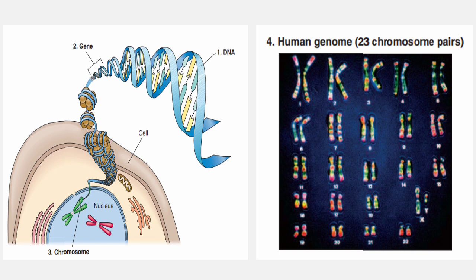Now, in order for that 2-meter long structure to be inserted into that very microscopic structure of the nucleus, it has to be arranged in a way that it is very compact and condensed. That's why we have the chromosomes.